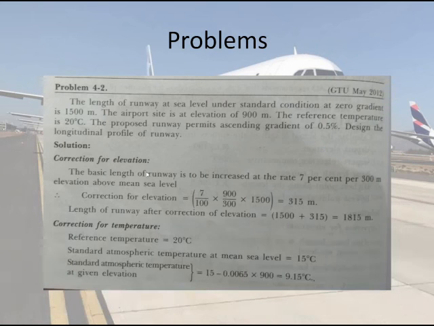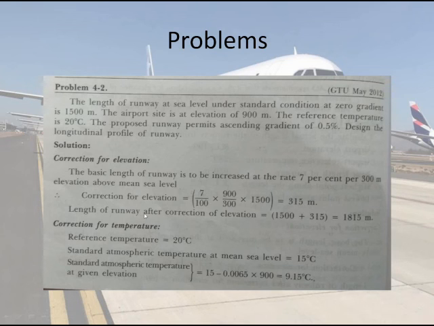Correction for elevation is equal to 7 by 100 into 900 by 300 into 1500. The airport site is at an elevation of 900 meters, so we have to apply correction for this 900 meters. We have to increase the runway length by about 315 meters.